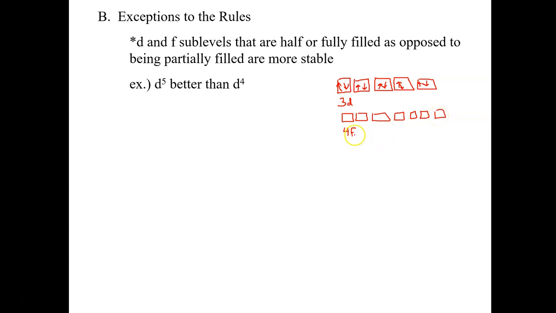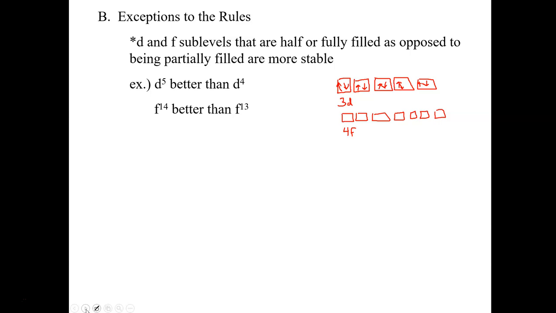So if an F had all of these filled, it would have 14 in it. If it had half of these filled, it would have 7. So F7 and F14 are better than any other Fs. They're more stable that way. Right? So for instance, an F14 would be better than an F13. It would be more stable.